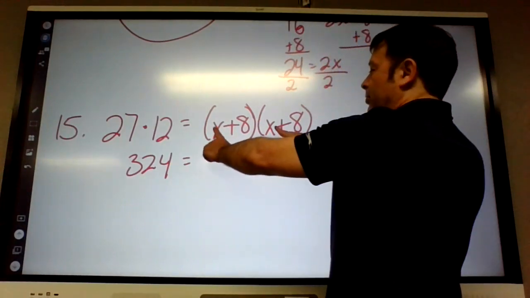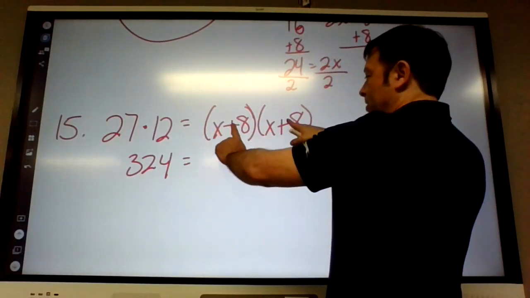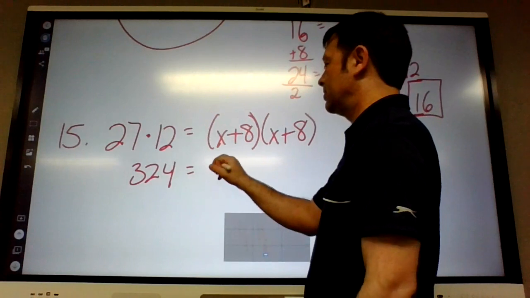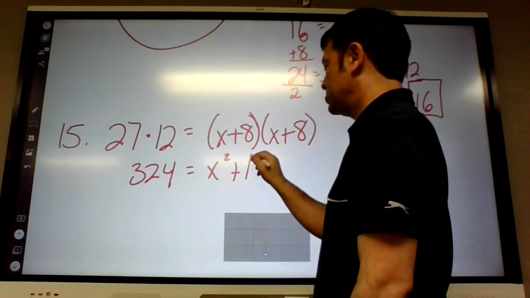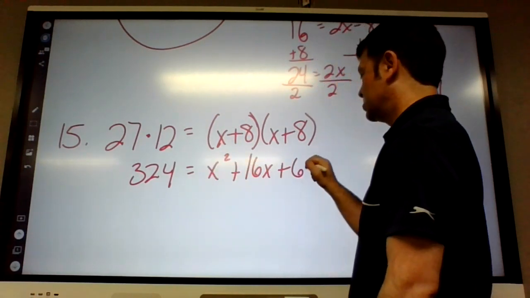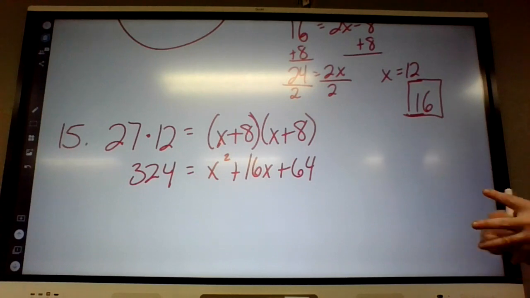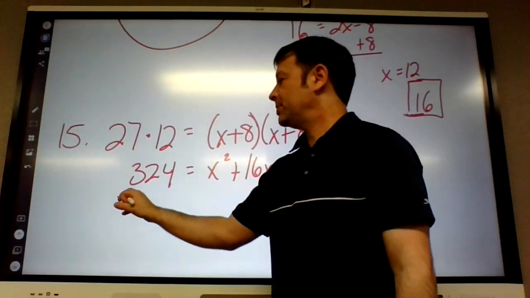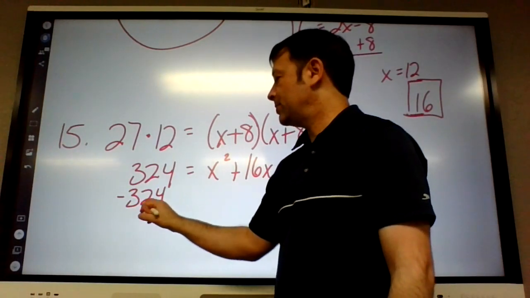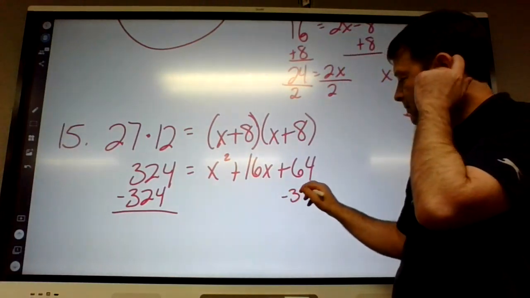FOIL this: x squared plus 8x plus 8x plus 64. So it's one of these, which means we have to move it all to one side. Minus 54, minus 320. Bring everything to this one side.